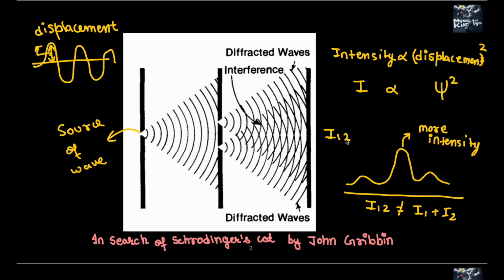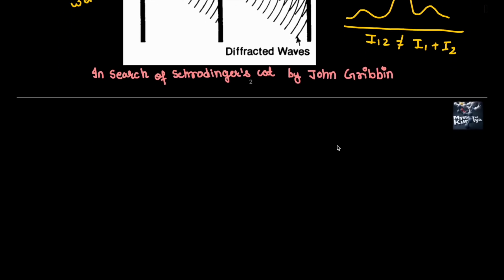If I just wanted to find out I1, what can we write? I1 is proportional to psi 1 square. Even I2 is proportional to psi 2 square. What does psi 1 tell us?